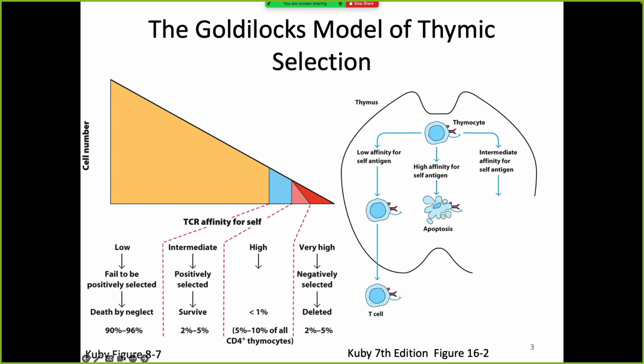You can see there is this other outcome that I'm not discussing right now, but we have these T cells that get this low intermediate type of signal which allows them to be positively selected and survive and actually become a T cell. This is known as the Goldilocks model of thymic selection. T cell can't have too much signal. T cell can't have too little signal. T cell has to have just right, just like Goldilocks.